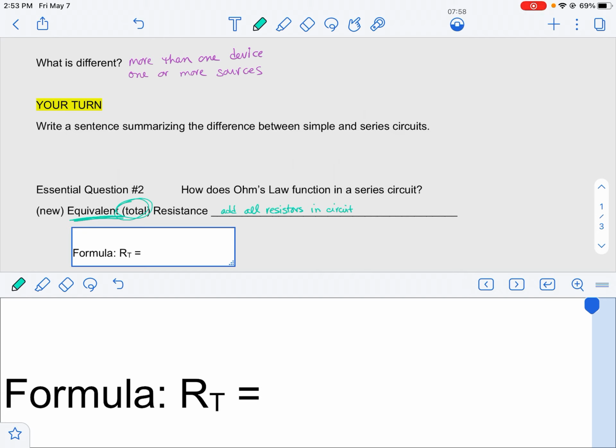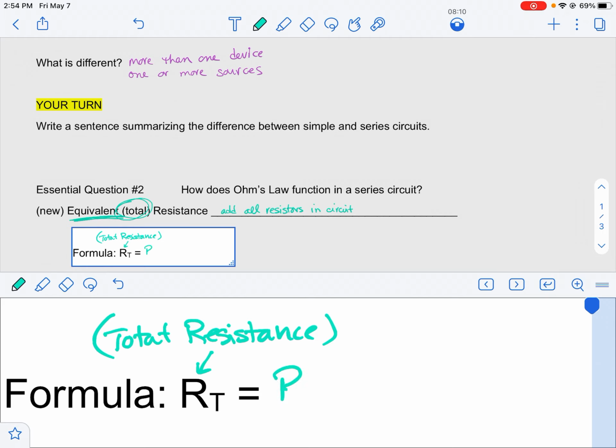R sub T, so that means total, that's what the T stands for, total resistance is the sum of all the resistors. So R1 plus R2 plus R3 plus, and then we put dot dot dot, because we really don't know how many resistors there are going to be until we see the circuit.